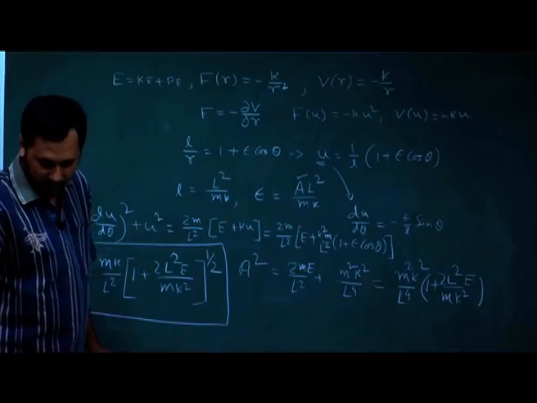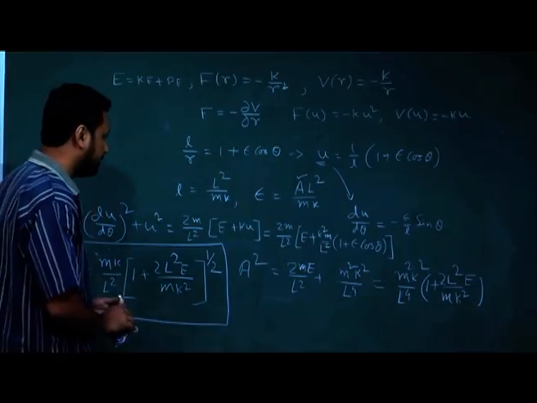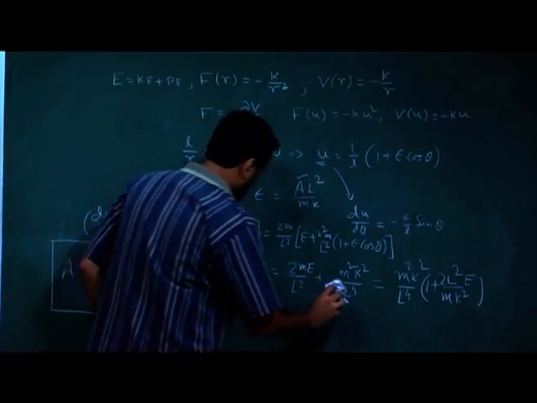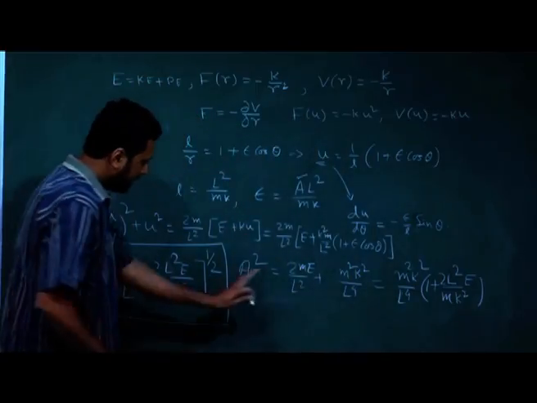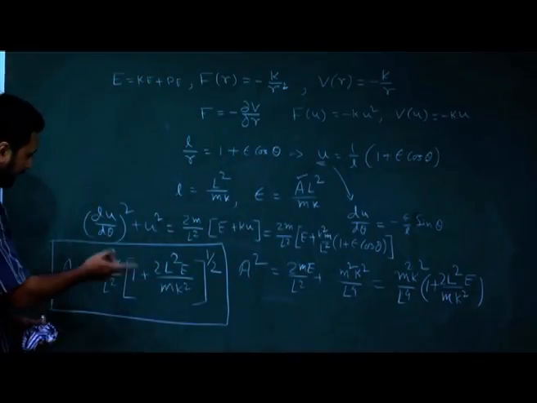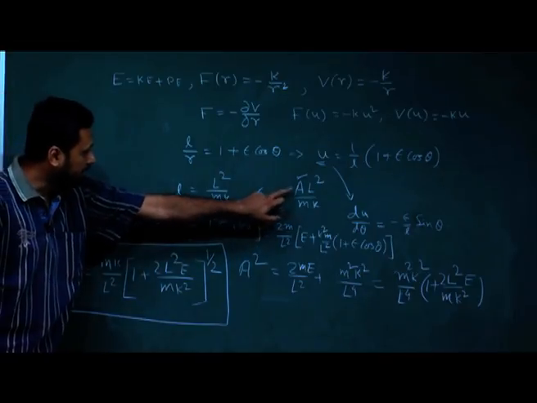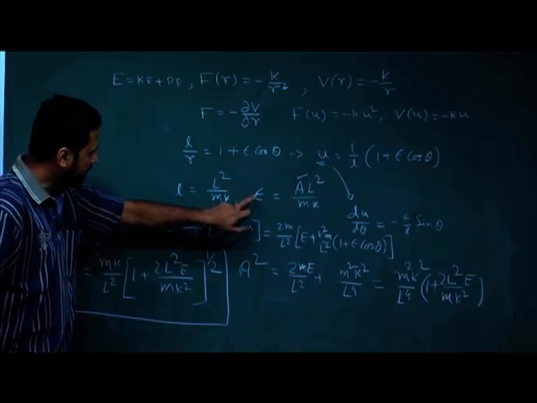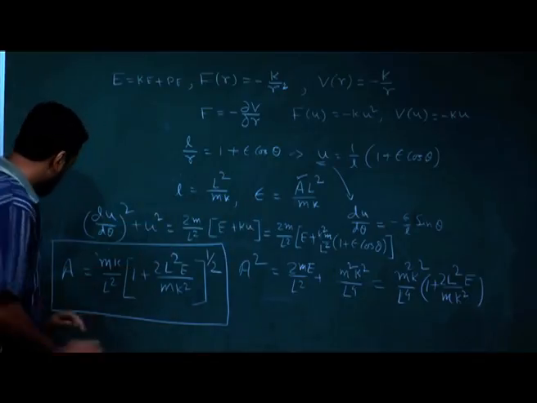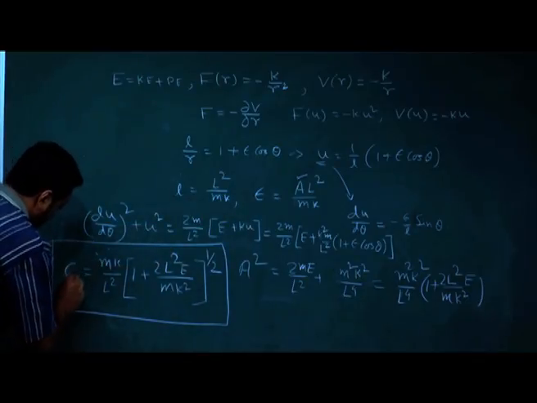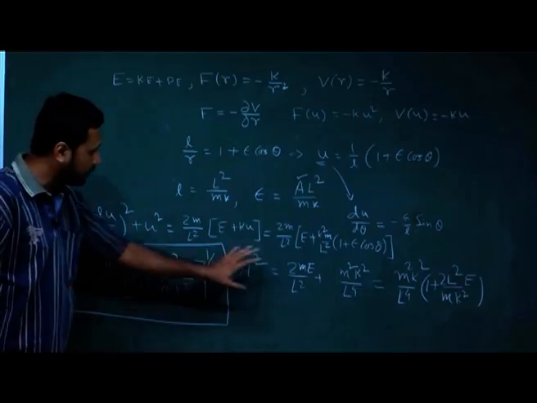So, I think I made a slight mistake somewhere in the calculation. This is a bit complicated calculation. We will get an expression for A, and finally, if we substitute this expression for A in the expression for epsilon, then we will get epsilon equal to this. I request you kindly go through it once more.